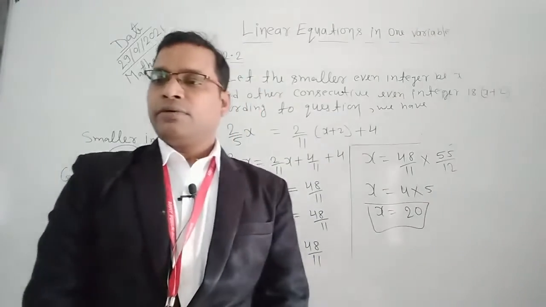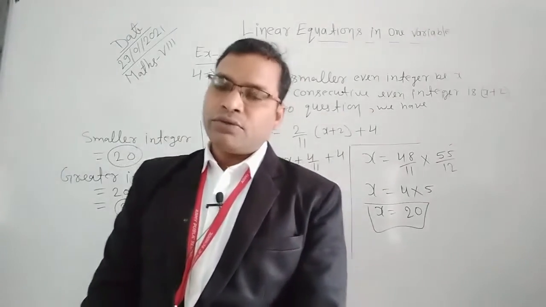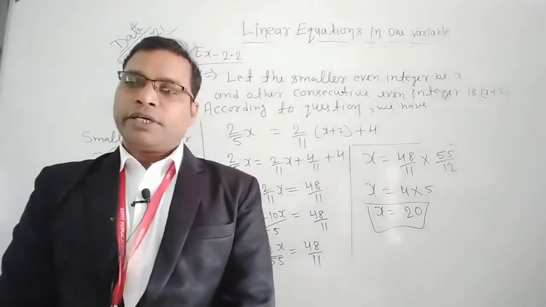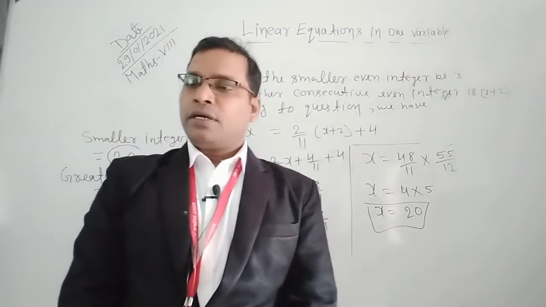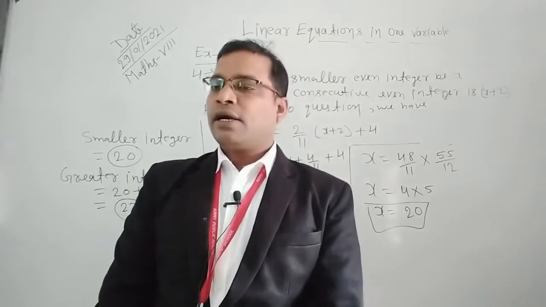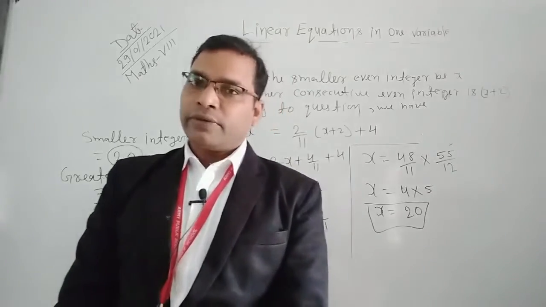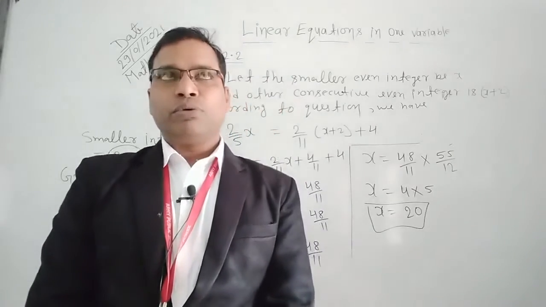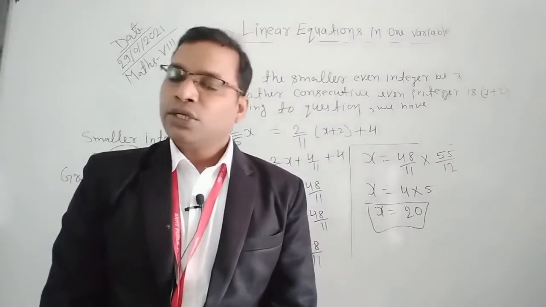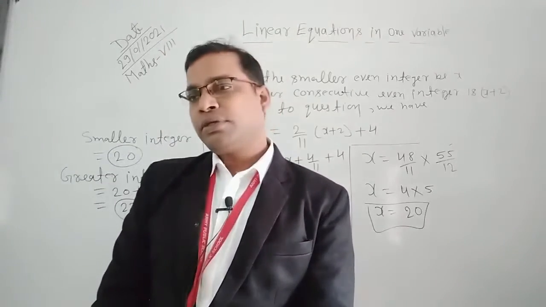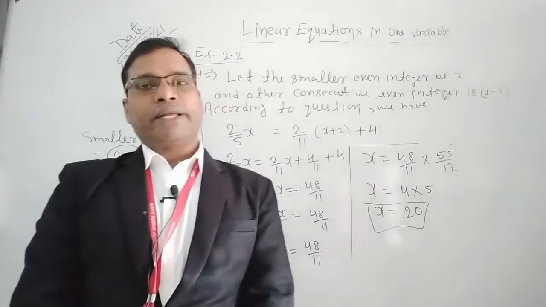Clear? Now, the original fraction is equal to what? You know very well the fraction is equal to numerator by denominator. And after this, the question told us that if you increase both by 3, then the new fraction becomes 4 by 5. So find the original fraction.